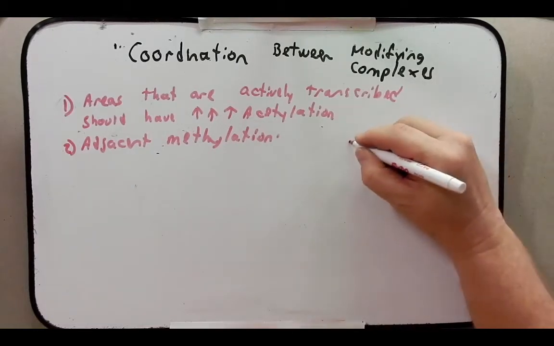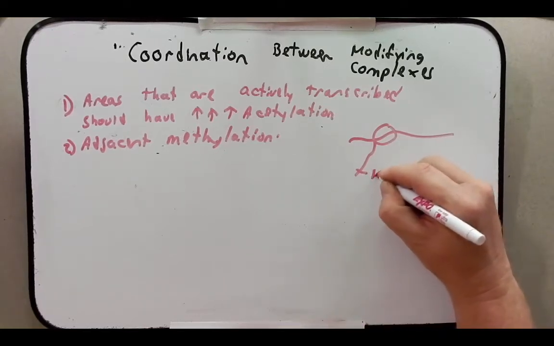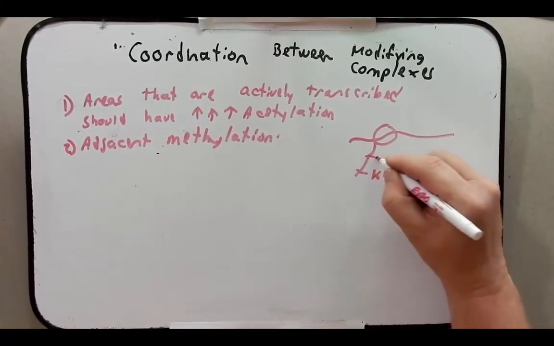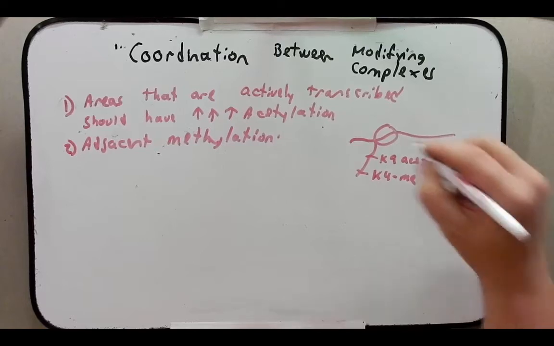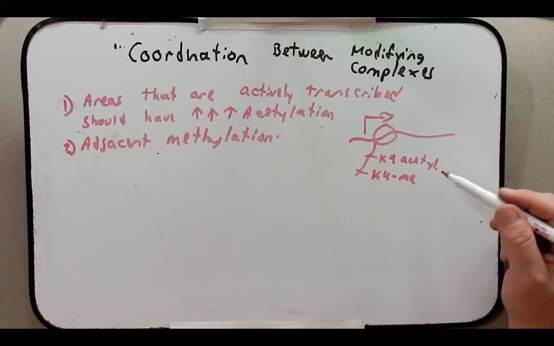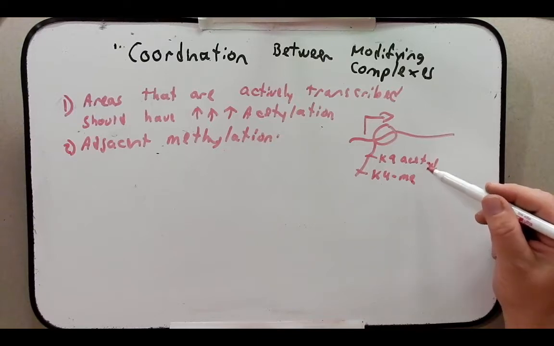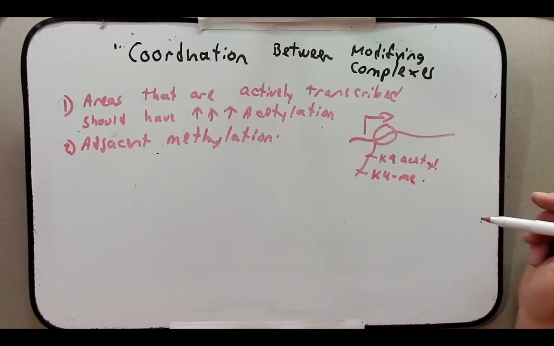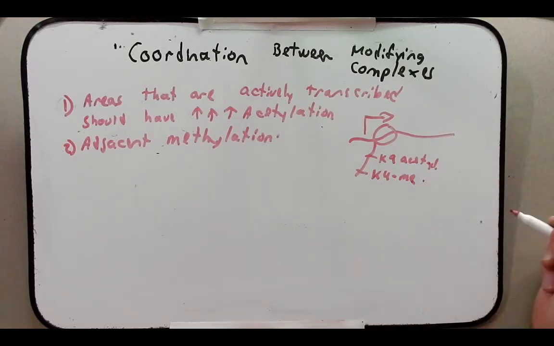To remind you, when we see this histone 3 here, we know that lysine 4 is methylated and lysine 9 is acetylated. And when that happens, we know that gene expression is turned on. This is a common trend. We've only talked about this one situation, but it's common to find areas near acetylated lysines to be methylated in actively transcribed regions. Again, as we said before, methylation is this kind of anomaly. Sometimes we see it and it indicates gene expression, sometimes it means gene repression. But in this case, it means expression.